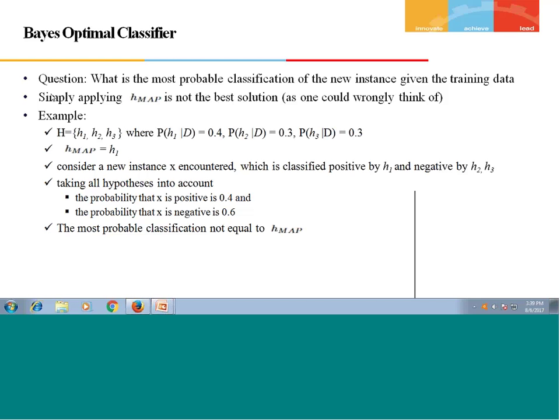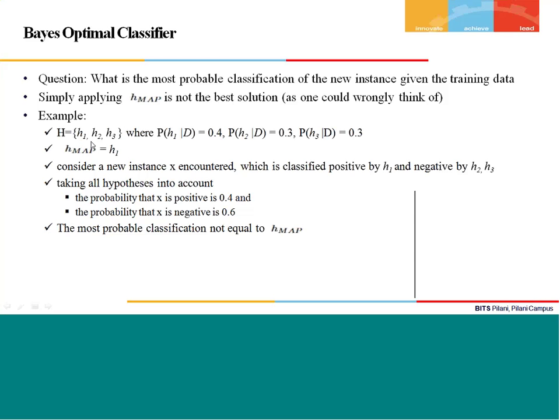So what is that thing where you can do much better? What is the most probable classification for the new instance, given the hypotheses? Let's take an example here. There are three hypotheses, H1, H2, H3, and P(H1|D) is 0.4, P(H2|D) is 0.3, P(H3|D) is 0.3.